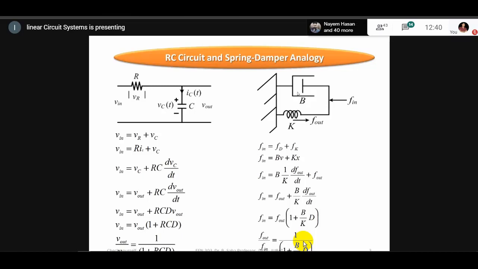If we connect this viscous damper and spring in series, then whichever component is hit first moves first, and after it is done, the other will move. But if we connect in parallel, they will have the same velocity and the same time.